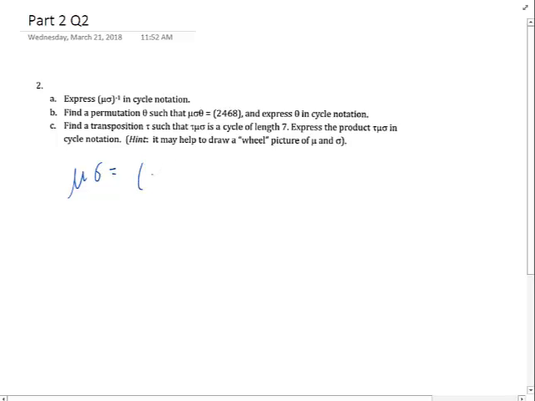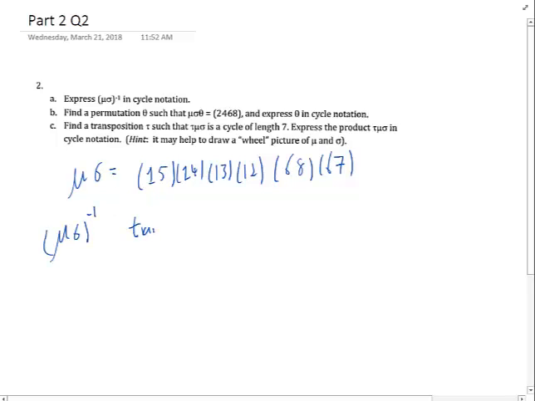I said, for instance, I had (1 5)(1 4)(1 3)(1 2), and then times (6 8)(6 7). Now mu sigma inverse is equal to the transpositions written in reverse order.